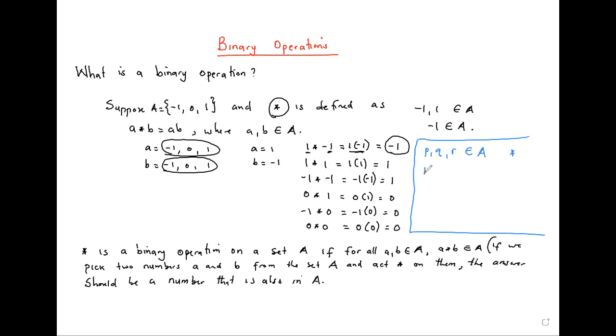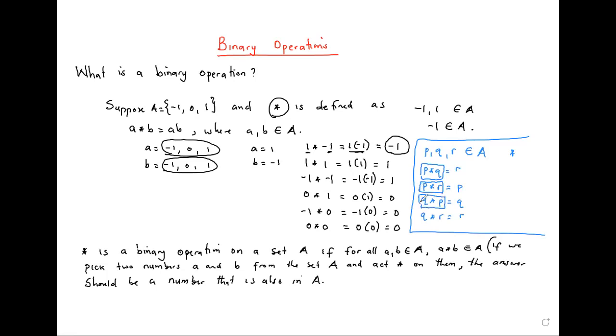Then you pick P star Q, it gives you R. You pick P star R, it gives you P. You get Q star P, it gives you Q. Then you get Q star R, it gives you R.